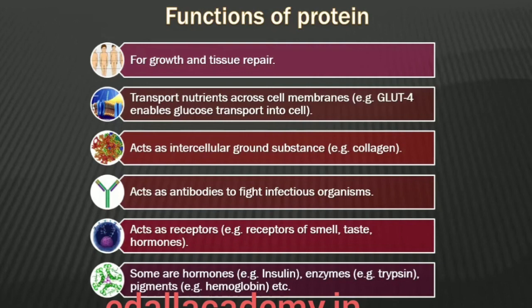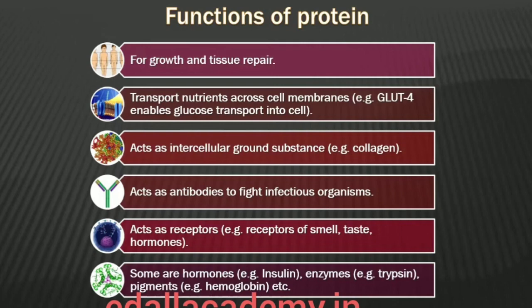Proteins are essential for growth and tissue repair, and for transport of nutrients across the cell membrane. For example, GLUT4 enables glucose transport into the cell. Some act as intracellular ground substance, for example collagen. Some act as antibodies to fight infectious organisms. Some act as receptors, for example receptors of smell, taste, and hormones.